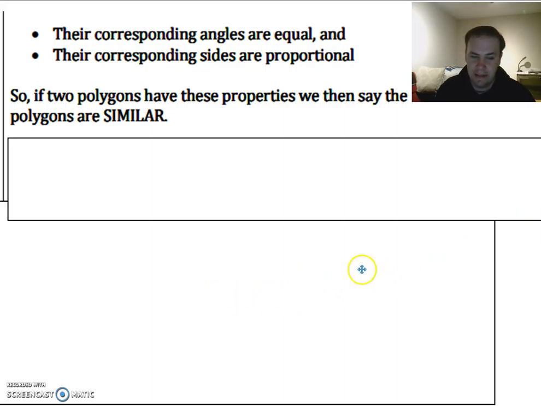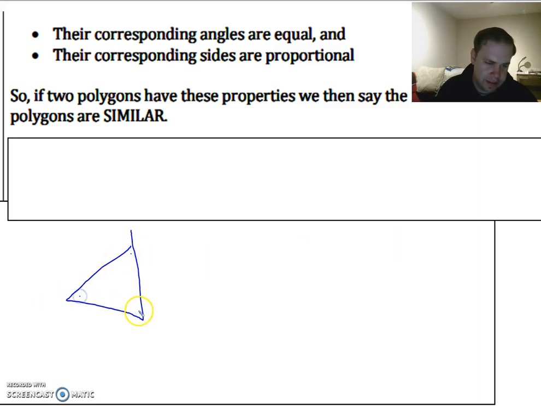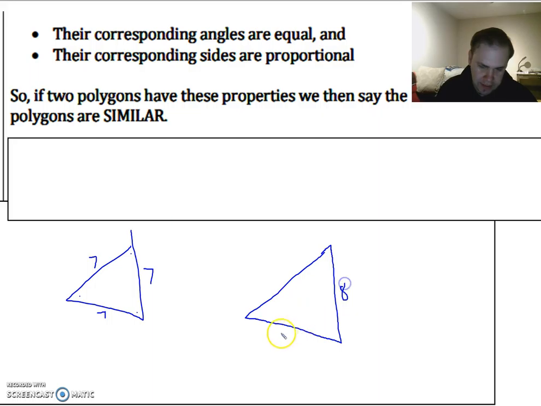If they didn't stay the exact same, so let's say, for example, I have a triangle here. If I have a triangle, and it's an equilateral triangle, so this is 60, this is 60, this is 60. And let's say I have 7, 7, 7. But for some reason, when I redraw this out, this side's 8, and this side's 9.